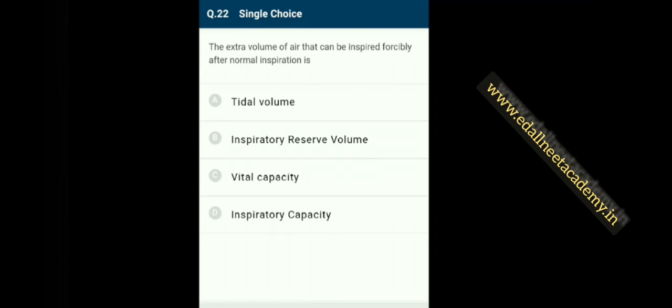The amount of air that will remain after normal exhalation is functional residual capacity, that is 2300 ml, and inspiratory capacity is the extra volume of air that can be inspired forcefully after a normal inspiration, 3000 ml. So the answer is option D. The extra volume of air that can be inspired forcefully after normal inspiration is inspiratory capacity.